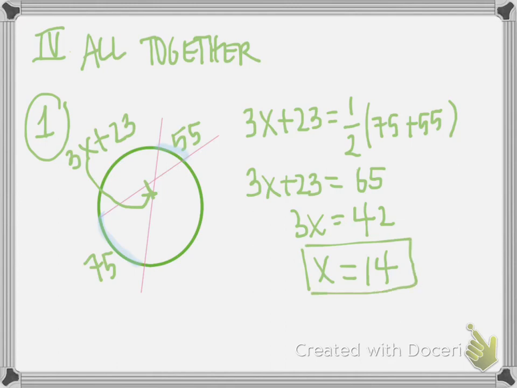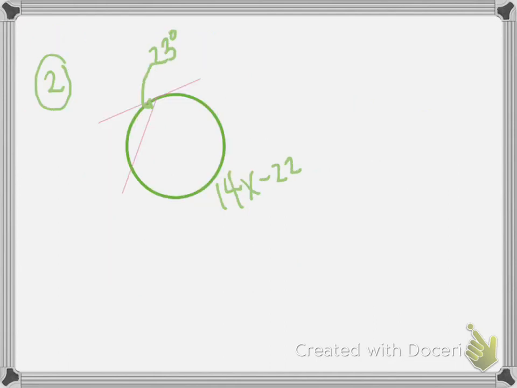Alright, let's do another one here. So here we've got a secant and we have a tangent. We know that this angle inside here is going to be 23 degrees. Since I know that angle, I can find the measure of that arc.